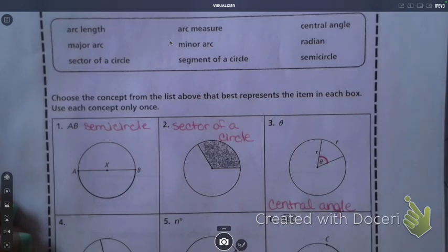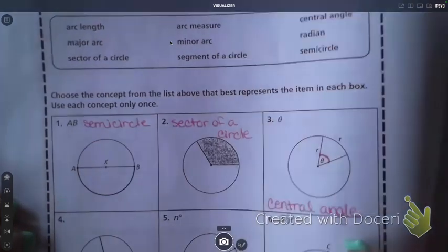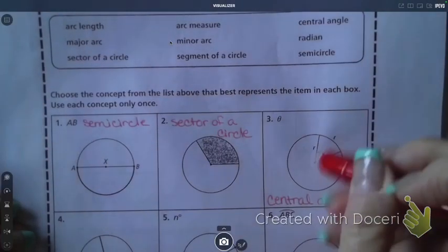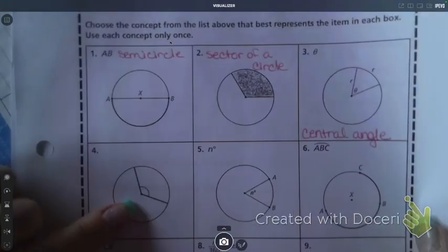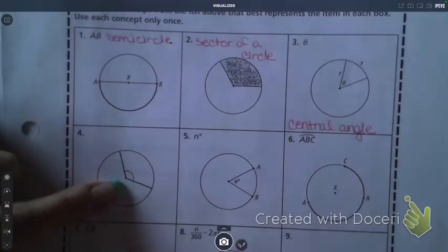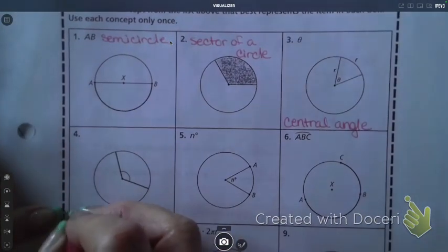Because I put the arc there, they didn't. Correct? So look at 4. Isn't that a central angle? Yes? Okay, this is a central angle.